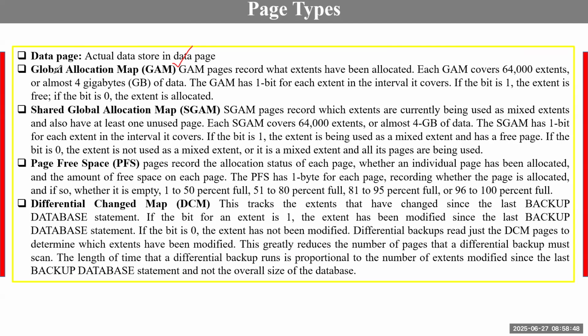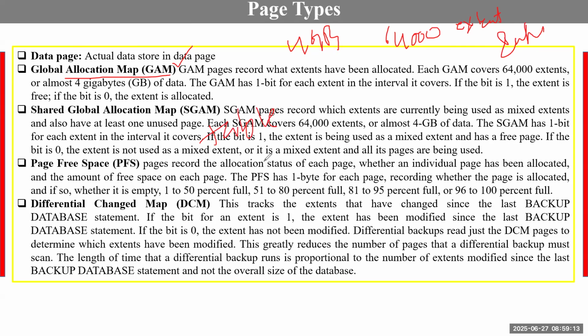Each GAM page covers 4 GB, which will hold 64,000 extents of information. For example, you are creating a table.